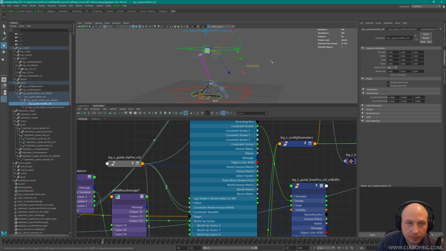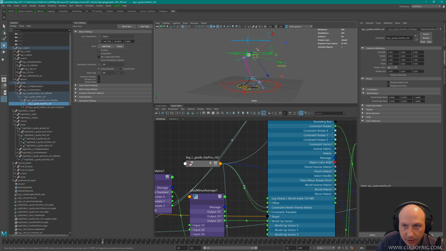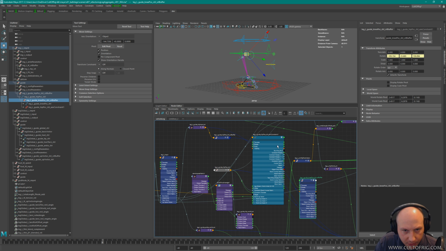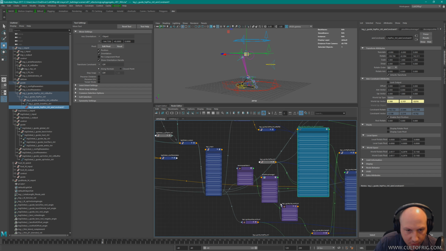Now, the other thing is what is going on with these. It's oriented super wonkily, which is the other thing I'm unsure about. And I might have to call it. The constraint parent inverse matrix is set to the heap SRT buffer, not the heap control.